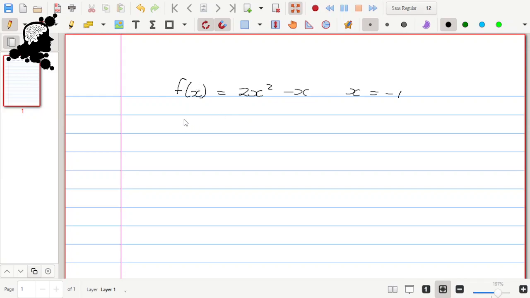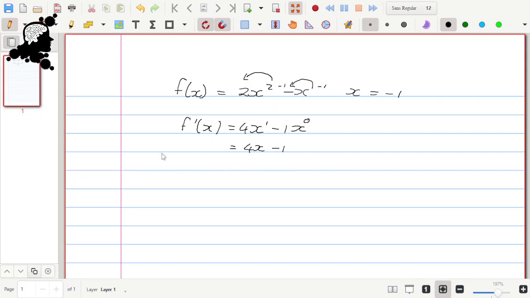If you can remember from our power rule, we said that the derivative of f of x is equal to multiply exponent by coefficient. So 2 times 2, that gives us 4x. Subtract 1 from exponent, that's just 1. We have an exponent of 1 here on the x. 1 times negative 1, that's going to give us negative 1x. Subtract 1 from the exponent, this is going to be x to the power 0. We have our derivative of f as 4x minus 1.